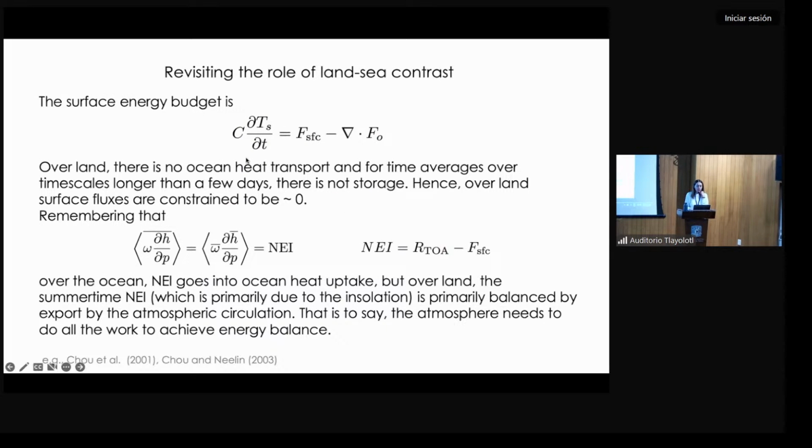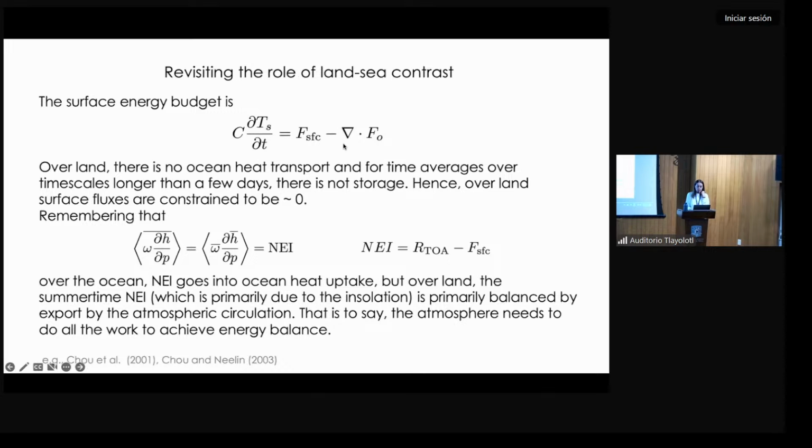And so I wrote the general equation that applies both over land and over the ocean. This is the energy that can be stored in your lower boundary. Of course, over the ocean, you also need to account for the fact that energy can be taken up not only through storage, but also because the ocean is a fluid and has this property, like the atmosphere, of transporting energy away or into some regions.